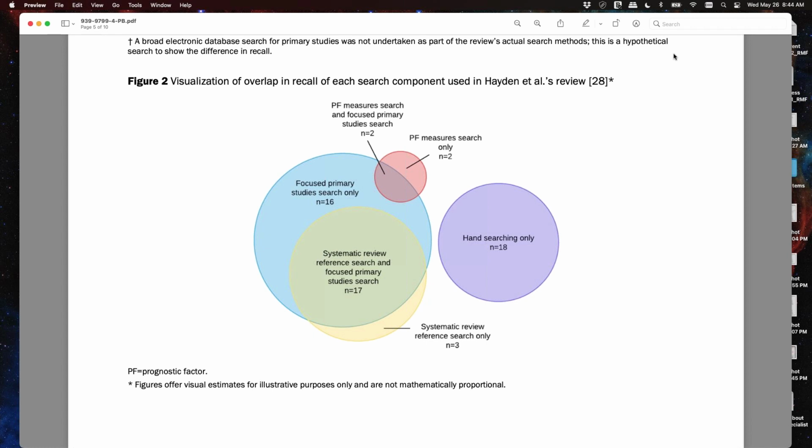But I would have expected the systematic review reference search to have an overlap with the hand searching methods. And in this case, there's no overlap at all. So that really builds a case for including hand searching methods.